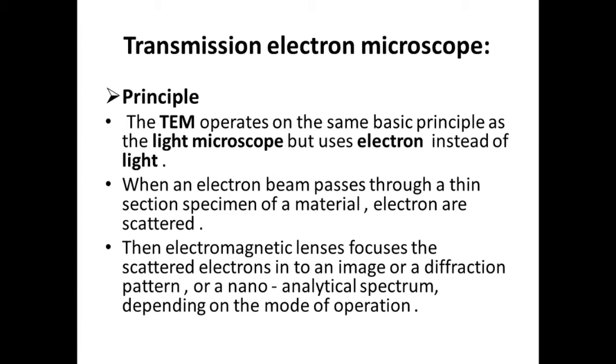Then the electromagnetic lenses focus the scattered electrons into an image, a diffraction pattern, or a nano analytical spectrum, depending on the mode of operation. So, see here, we get an image as well as a diffraction pattern. This is a main advantage of transmission electron microscopy. This is the principle of transmission electron microscopy.